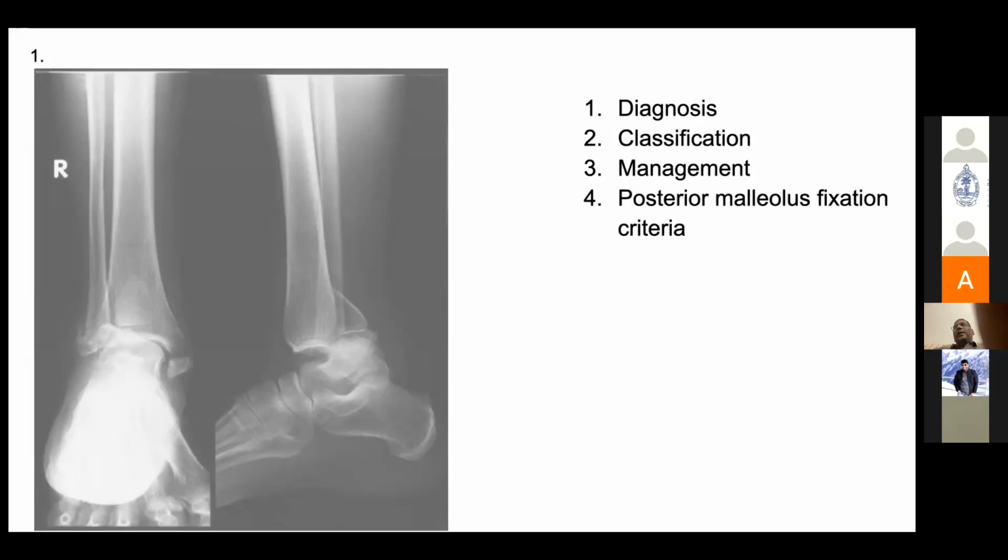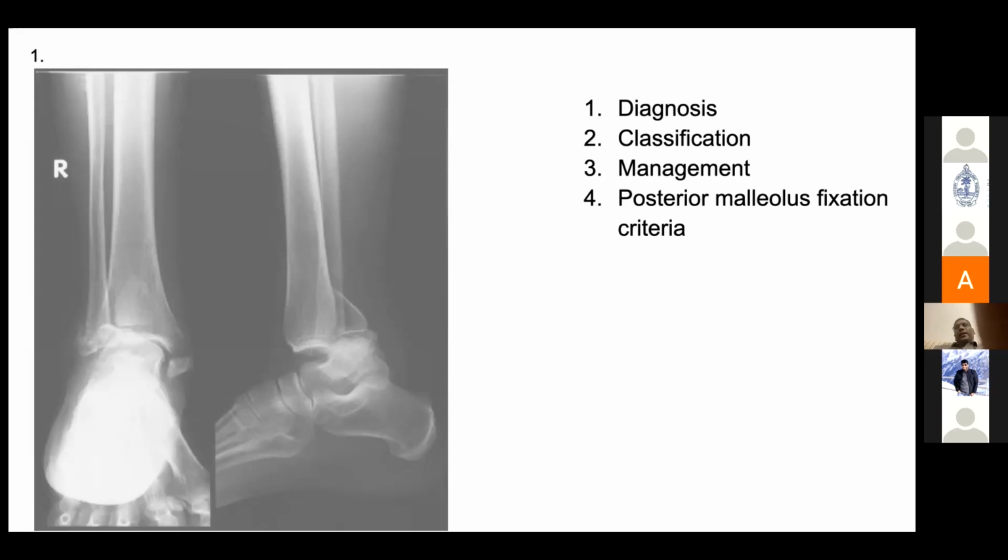And depending on the displacement, about 2 or 3 millimeters, if it is displaced proximally, you may have to fix. And also the stability.